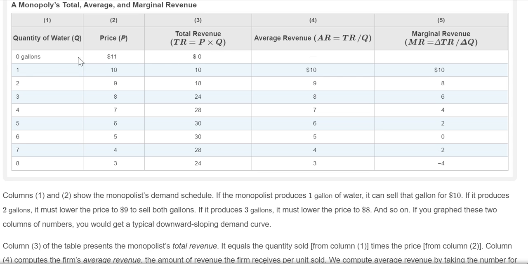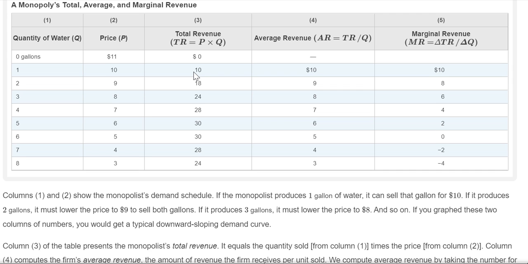In this case, for example, if you supply 1 unit, you can get a price of $10. To find the total revenue, you simply multiply the quantity times the price, and you'll get $10 as your total revenue for 1 unit of supply of the water.